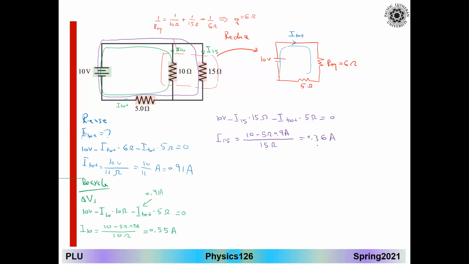So basically, we confirm our value should be less than 0.55 amps. So now I can find my voltage differences, or voltage potentials.